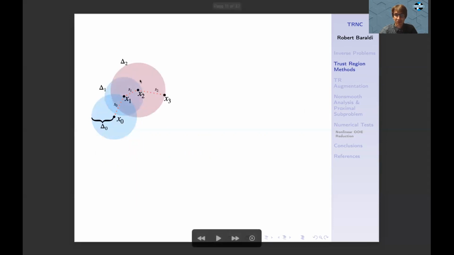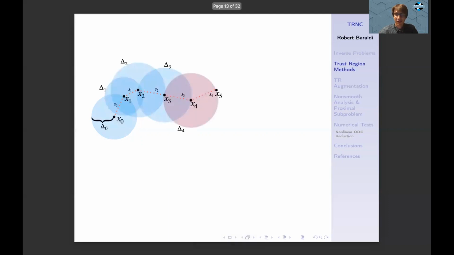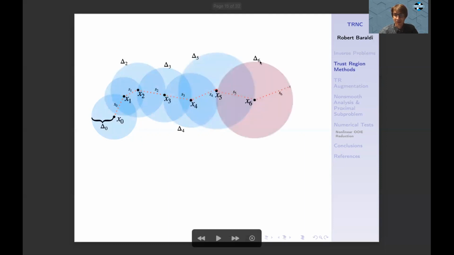Your quadratic model is pretty accurate, so you expand the trust region, you find a new step S2 that gives you X3, and so on and so forth. You keep doing well, so your trust region radius is improving. Then say your trust region radius is actually too large, because at this point you produce a descent step where your quadratic approximation doesn't match your nonlinear function that well.